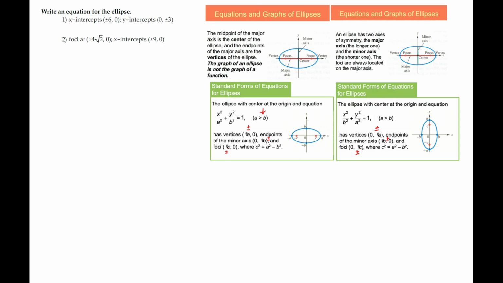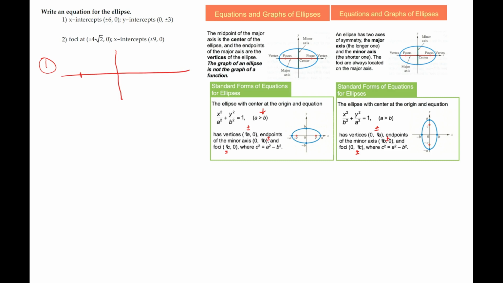For problem number 1, I'm going to make a rough sketch of what this ellipse looks like. It says it has x-intercepts of plus and minus 6, 0. So let's just pretend right here this is -6 and this is +6, maybe not necessarily equidistant, so let me adjust that.